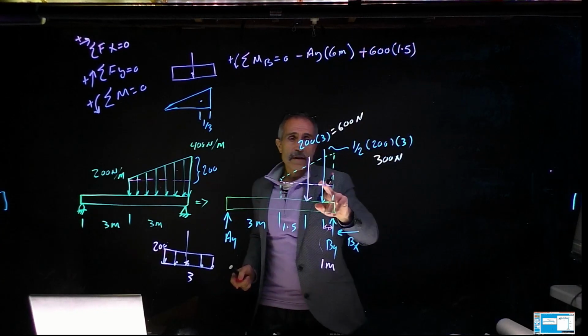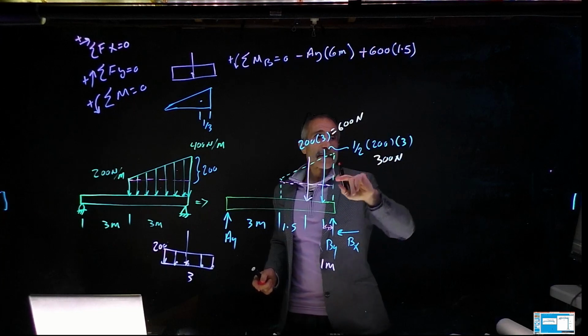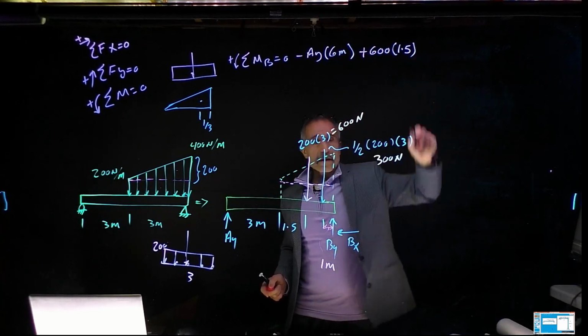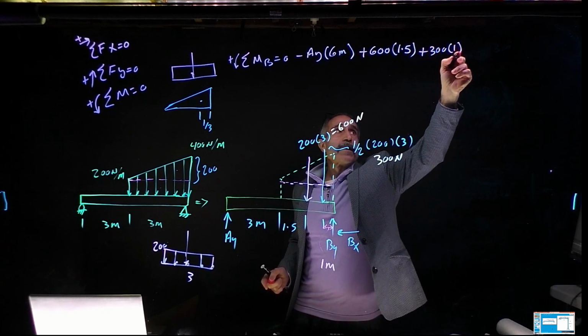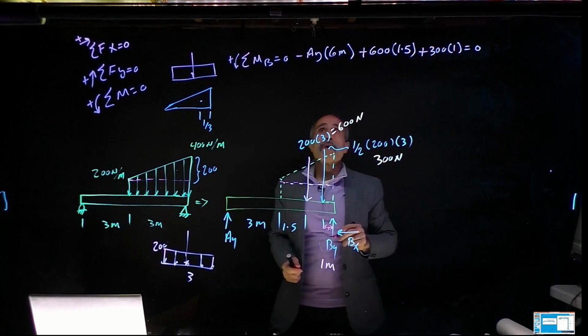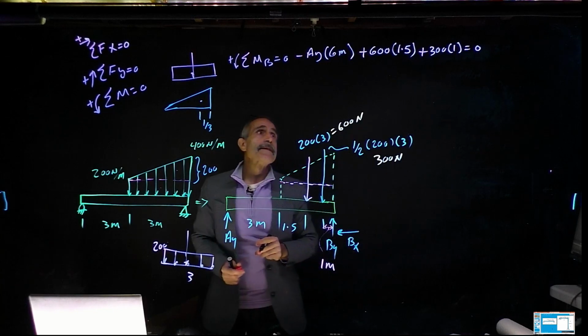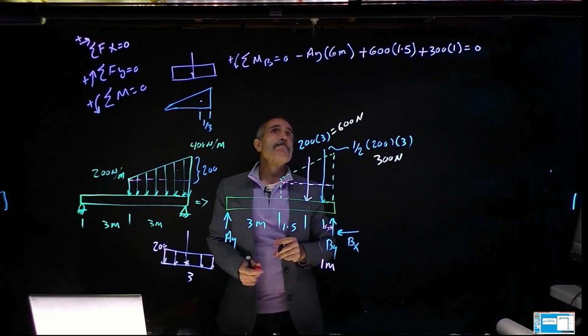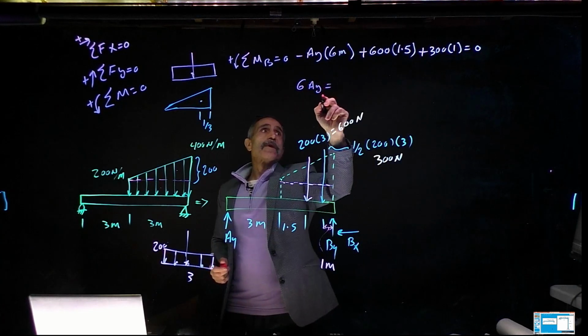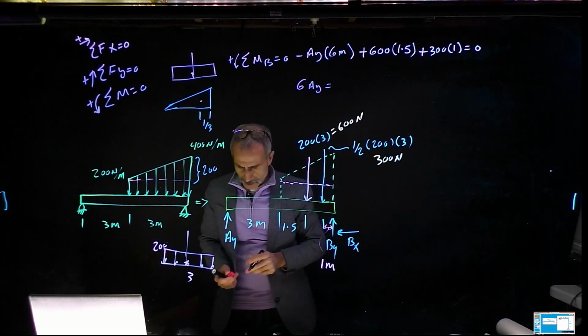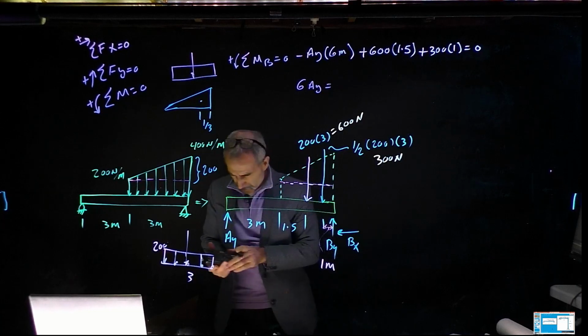The next load is this one right here, which is 300, in the same counterclockwise direction, so it's plus 300 times 1, equals 0. If we do all that, it's going to be 6AY is equal to 600 times 1.5, what is that?